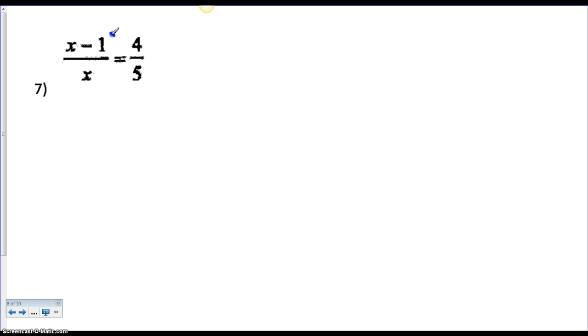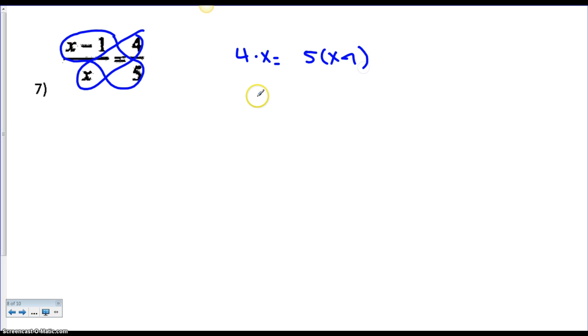So this is a similar one. Multiply those two and those two. So I got 4 times x equals 5 times x minus 1. So I got 4x equals 5x minus 5.